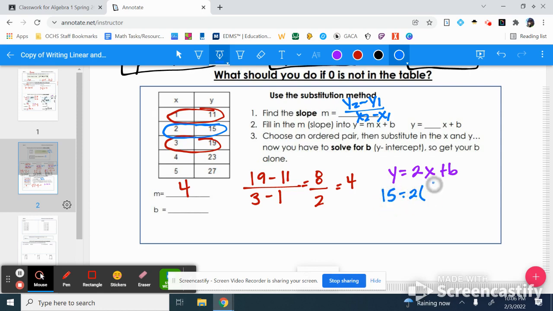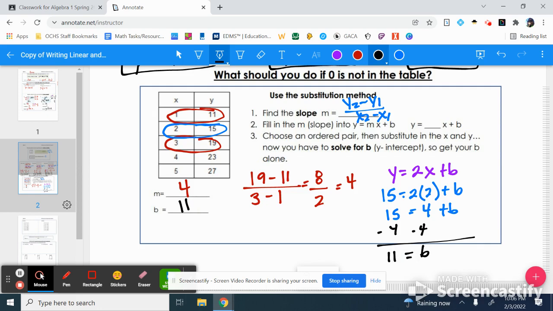I have slope times x. Well, my x value was 2. And then plus b. Well, 4 times 2 is 8. So I have 8 plus b. And that's going to equal 15. Well, in order to solve for b, normal algebra, we want to subtract 8 from each side. So my b value is really equal to 7.